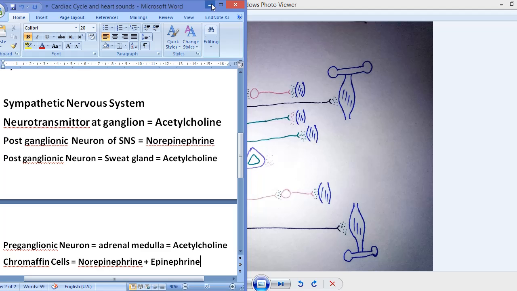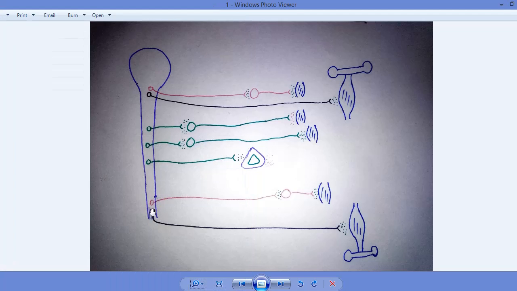Now this is very clear that the preganglionic neuron will secrete acetylcholine, and after secreting it, it will activate the chromaffin cells of the adrenal medulla, and the adrenal medulla will secrete what? It secretes two types of neurotransmitter, epinephrine and norepinephrine. We can also call them adrenaline and noradrenaline.